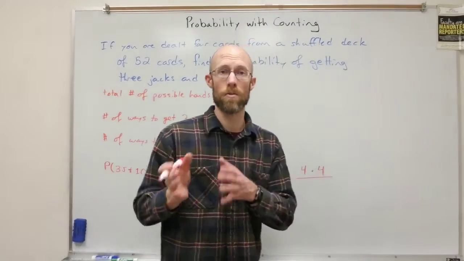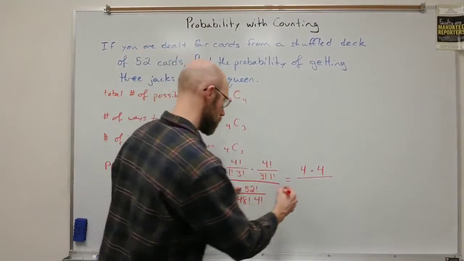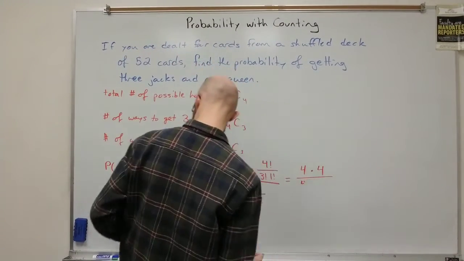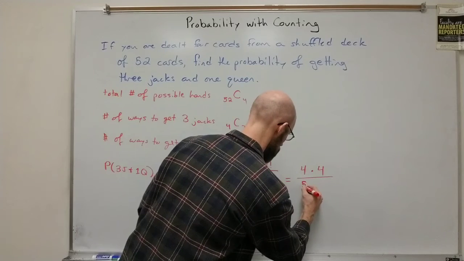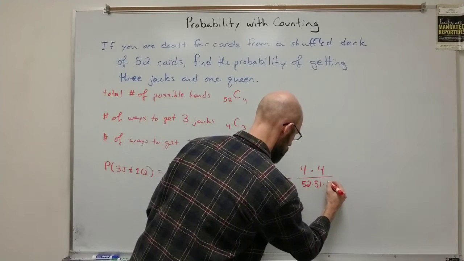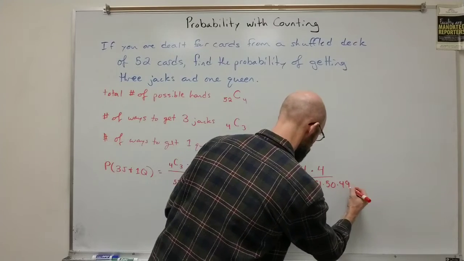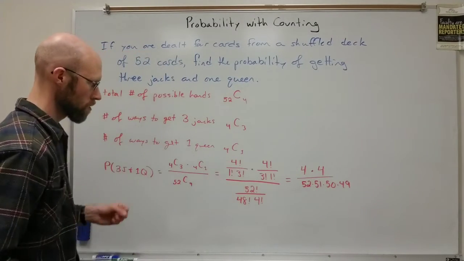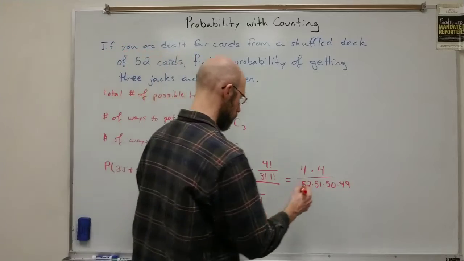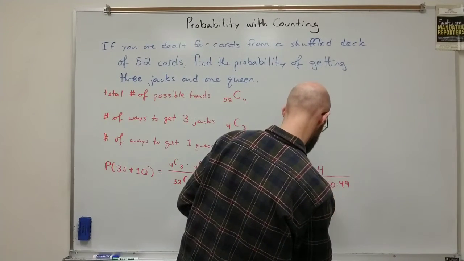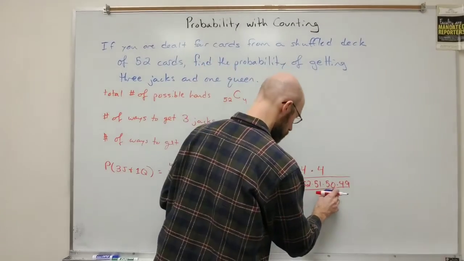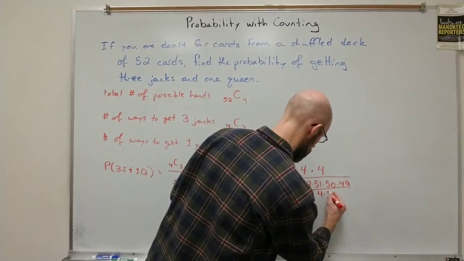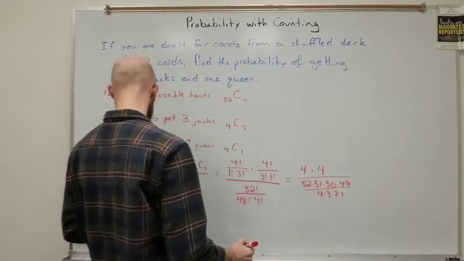I can cancel everything from 48 down. So that's going to be 52 times 51 times 50 times 49, because everything from 48 down cancels. And I also get a 4 factorial, which maybe I'll just write out as 4 times 3 times 2 times 1 on the bottom there.